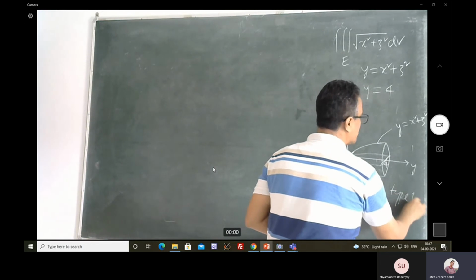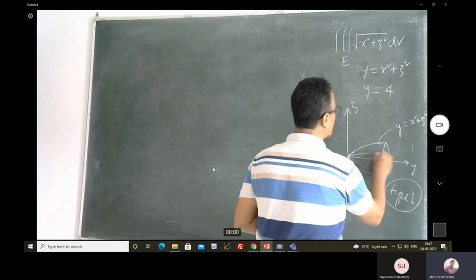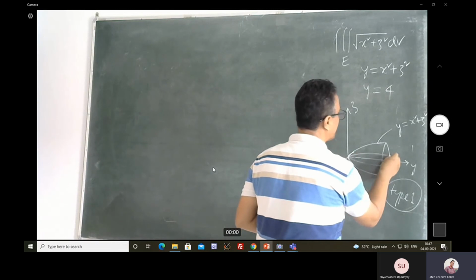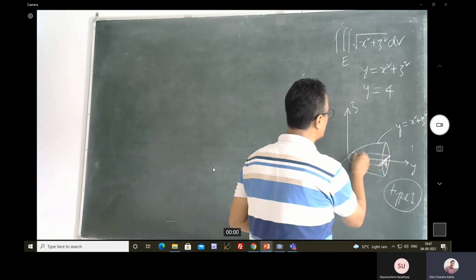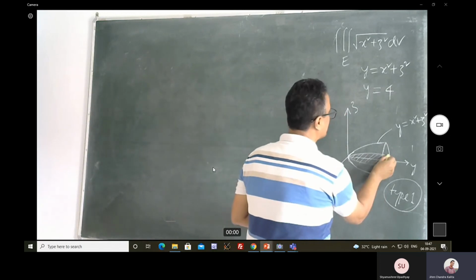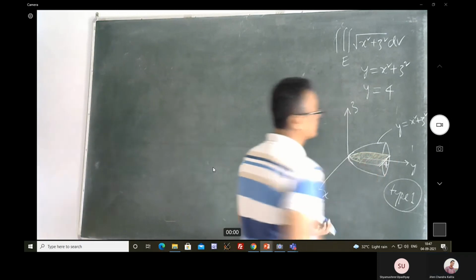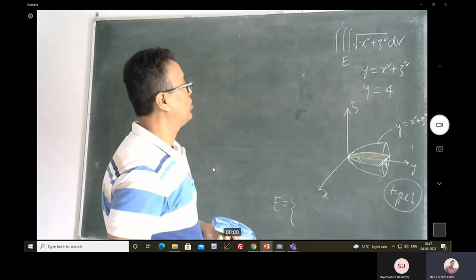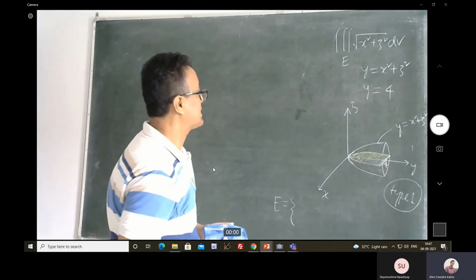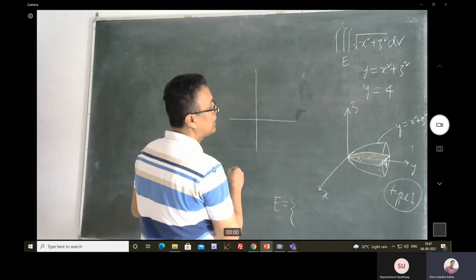Firstly, let me try to deal with it as a type 1 region. So this will be my D. In that case, what is it going to be? I will have something like this.